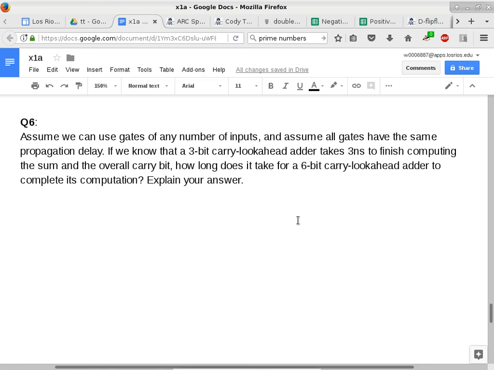And that's why I chose 3 and 6, because I know 3 needs all the levels already, and 6 definitely needs the same number of levels. 2 needs 4, right? 2 still needs the same levels. So is that okay for number 6? Okay. Because that's the whole point of having the carry look ahead mechanism.